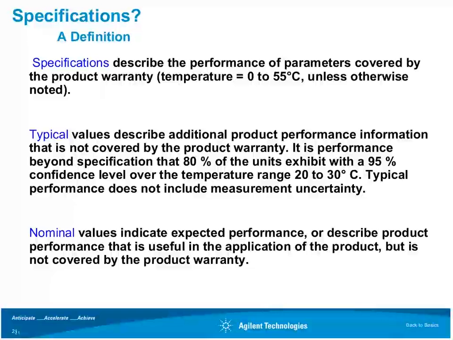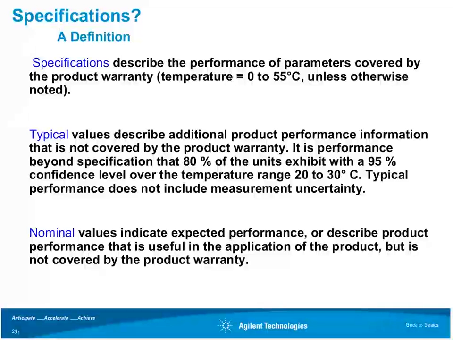Otherwise, if it's not performing to that level, then obviously it would be something that would be repaired under warranty or have to be repaired to meet that specification. And so specifications are usually stated over a certain temperature range. Typically it's 0 to 55 degrees C. Sometimes it might be a different frequency range, but that's typically what it entails.